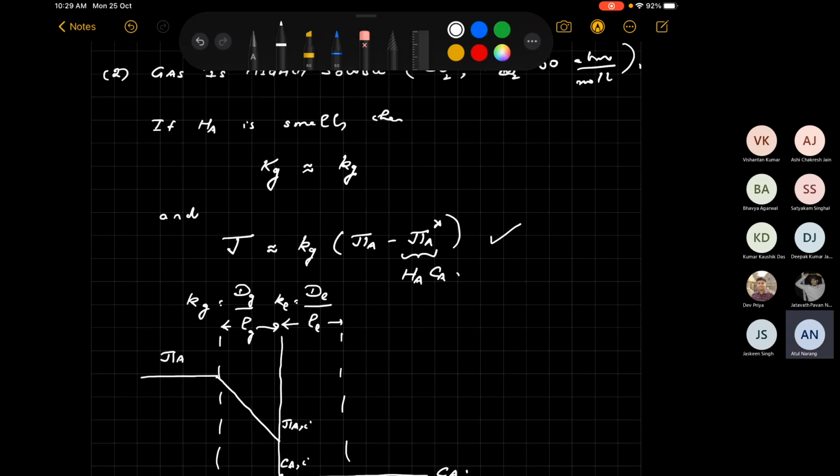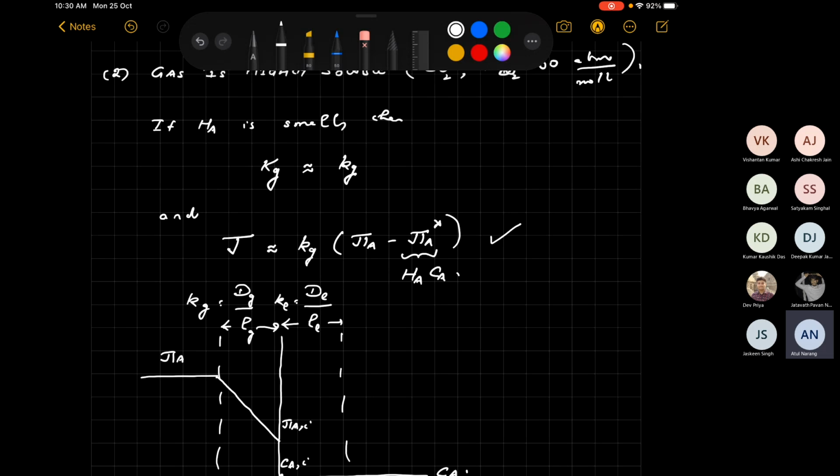DG and DL are by definition quantities that are measured in the absence of convection, right? Diffusivity is what measures mass transfer when you have no convection at all. And so if you start creating more convection by, for instance, pumping more power with your impeller, that doesn't change the fact that DL and DG will be measured in the absence of convection.